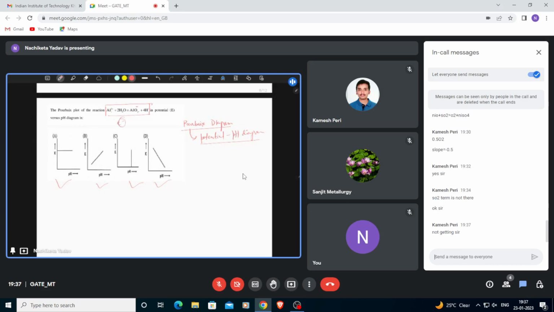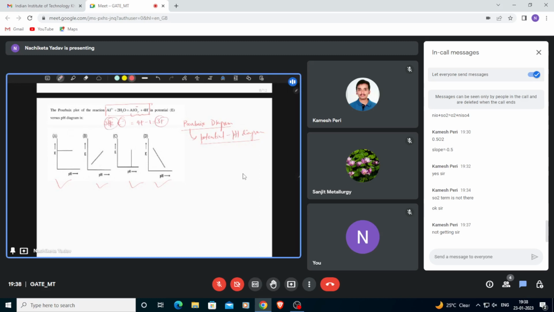It will consider 3 plus on the left, and on the product side you will get 4 plus and ion minus 1, so 3 plus on the right side, and the left side also 3 plus.